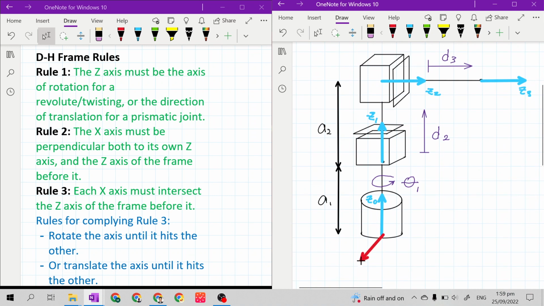We can choose freely as long as the x-axis is perpendicular to its own z-axis, to its own frame. Based on experience, the best position for the x-axis at the base is pointing to the right. So let's name this x sub 0.